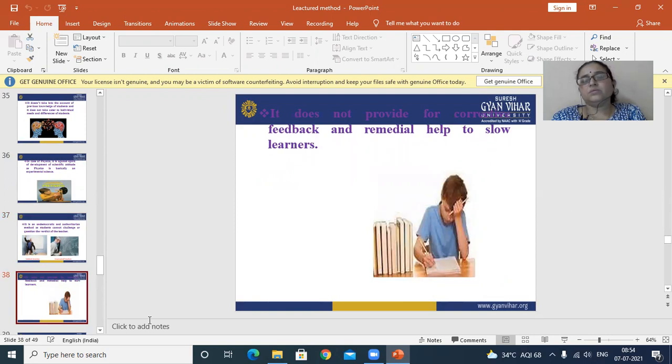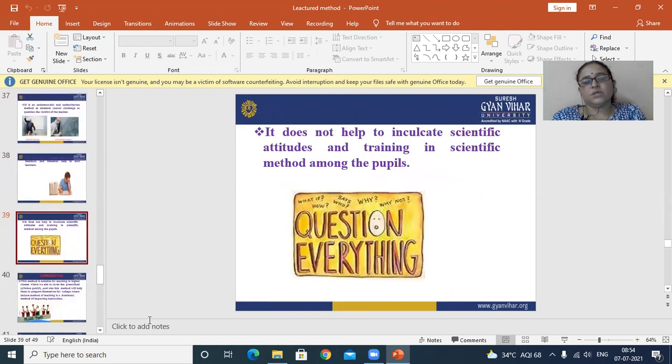It does not provide for correct feedback and remedial help to solve the learner's problems. It does not help to inculcate scientific attitude and training in scientific method among the pupils.